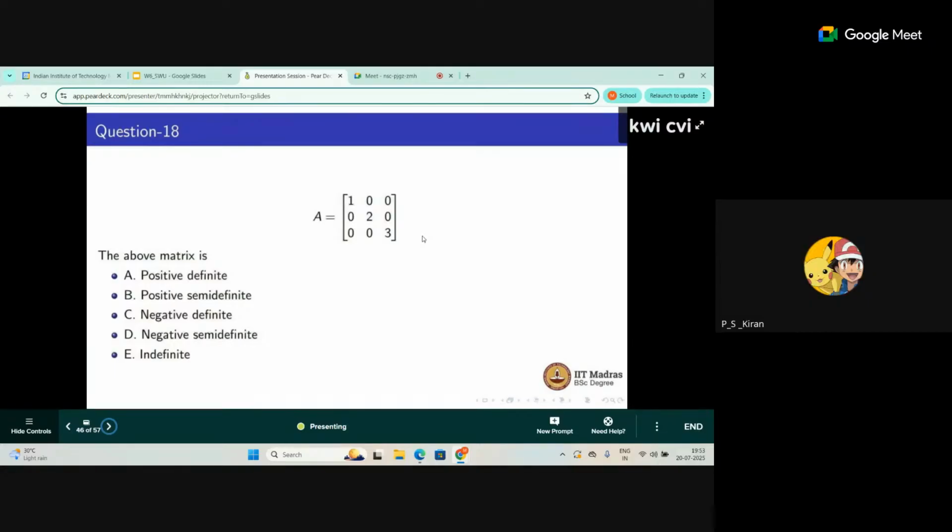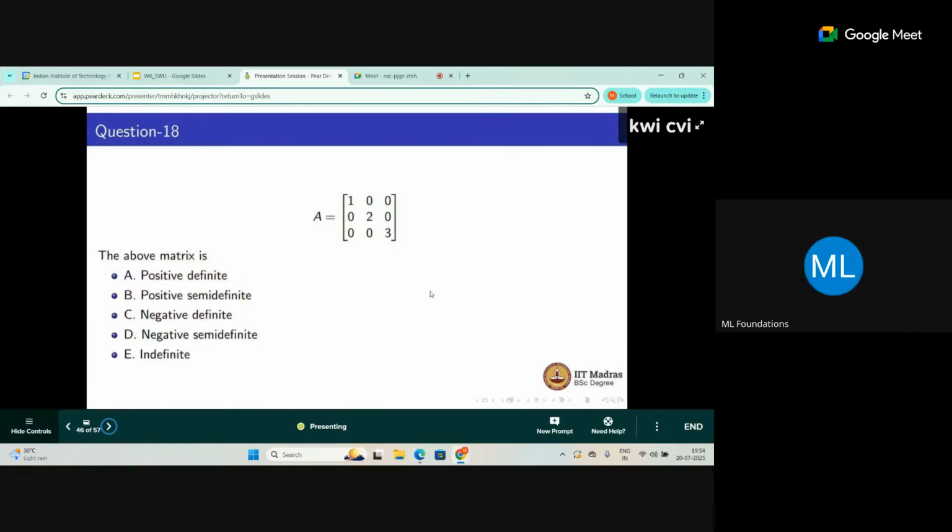Positive definite. Think about it properly. What is the entire determinant? The first determinant is 6. First, A is greater than 0 and the determinant is 6. What about this determinant? It is 2, 6, and this is 6.